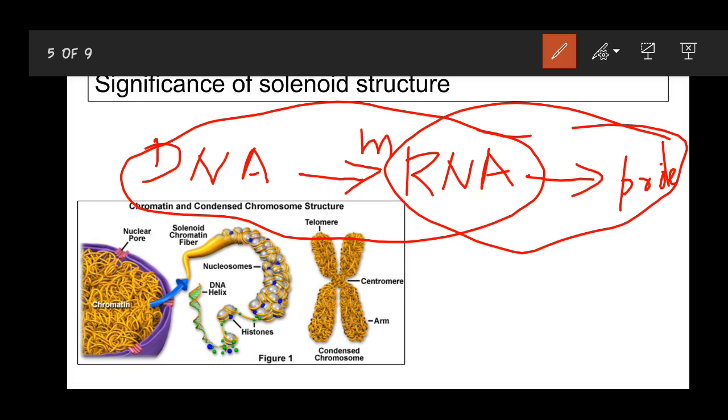The insulin gene is present in the hair follicle cell. So now we come to the question: why is insulin produced only by pancreatic cells, and why do the hair follicle cells not produce insulin?